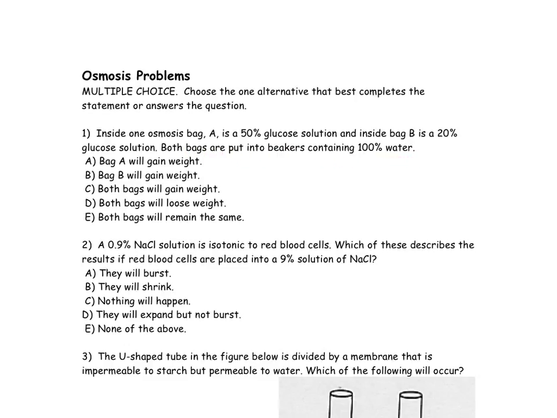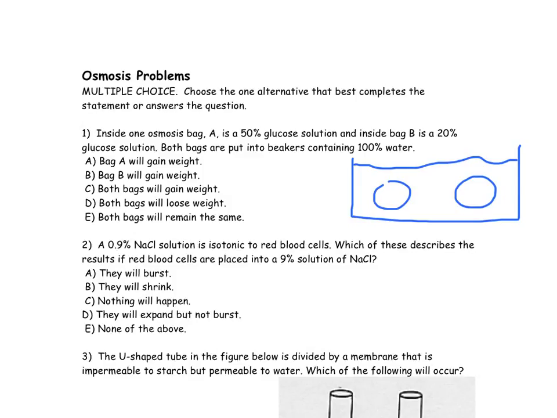Now, I've said this before, and a lot of you, as always, want to do it your own way, which is fine as long as it works. But I always like to draw these out. Do it as you will, but I would suggest strongly that you do so. So these two bags are put into 100% water. So it's about the perfect hypotonic solution.